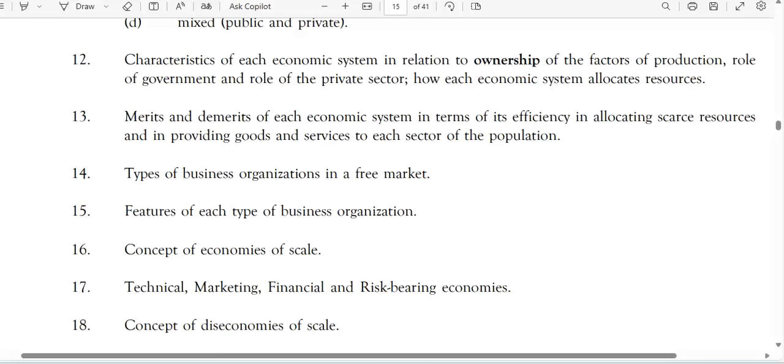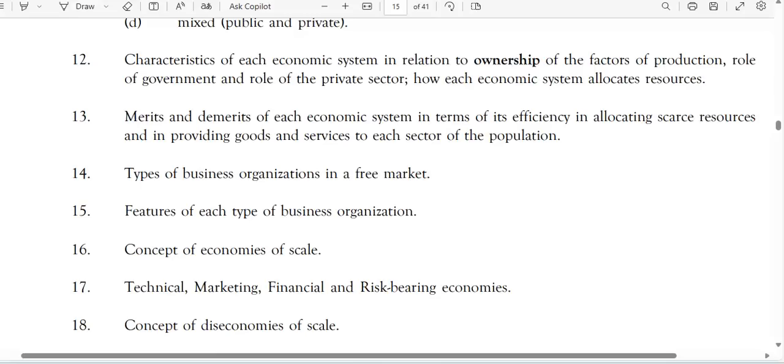In a market economy, merits include efficient allocation of resources through supply and demand, innovation and productivity are encouraged, and there are wide consumer choices. The demerits would be inequality in income and access, and market failures.